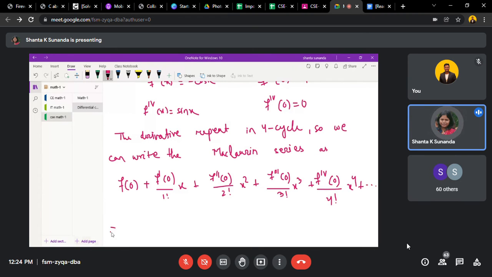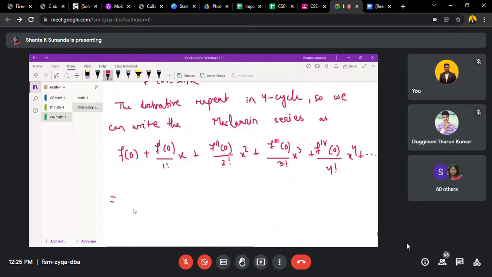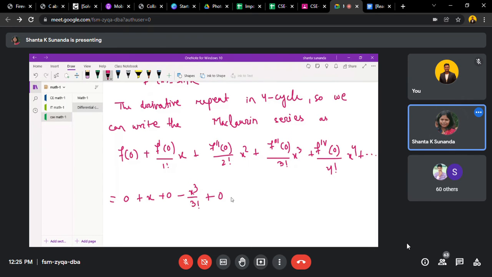Now we will substitute the values. f of 0 is 0, plus f dash 0 is 1, so this is x. Then we have 0, then minus x cubed by 3 factorial, then again 0, plus x to the power 5 by 5 factorial. See, we are getting the series of sine here.